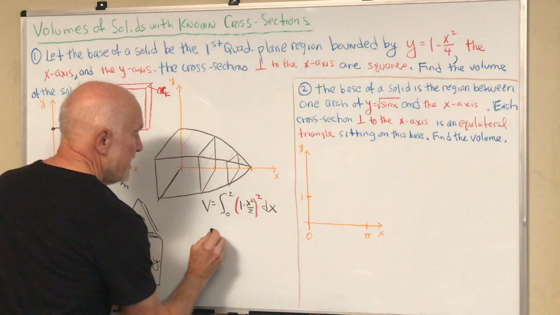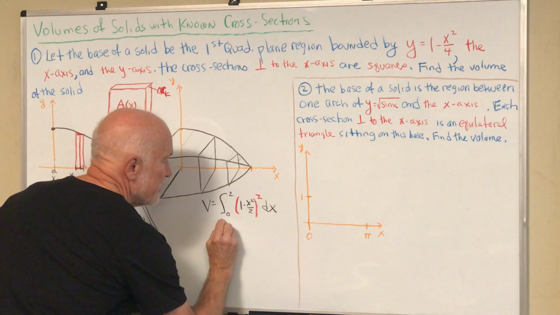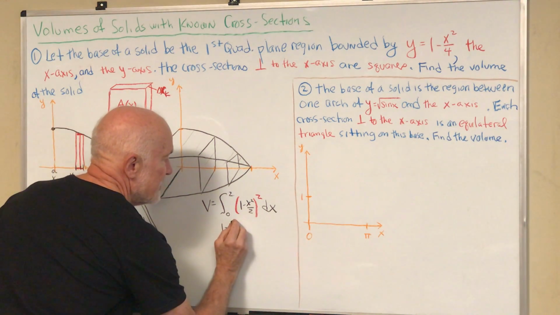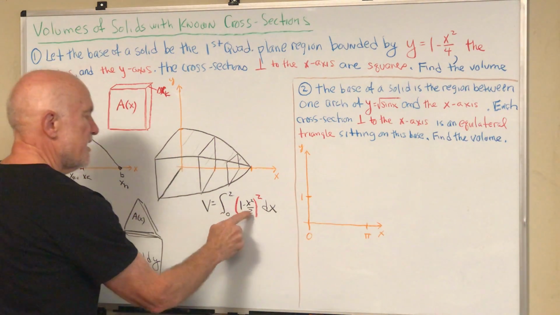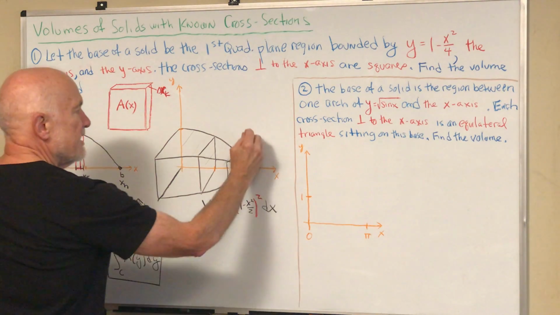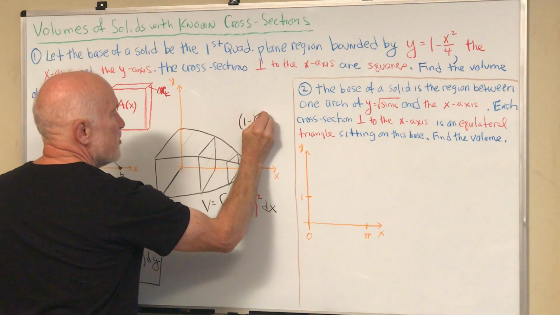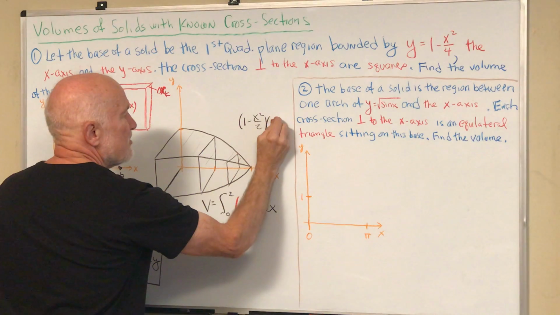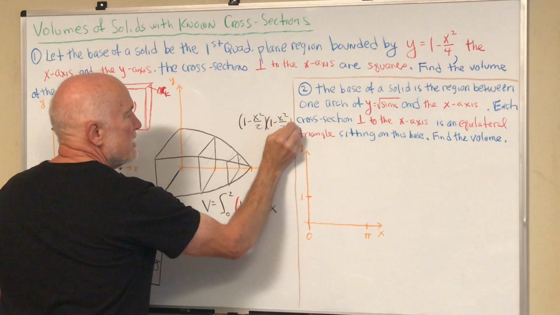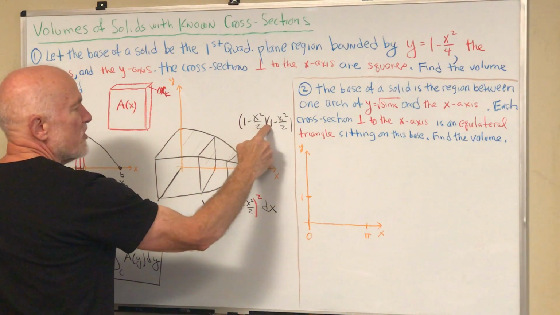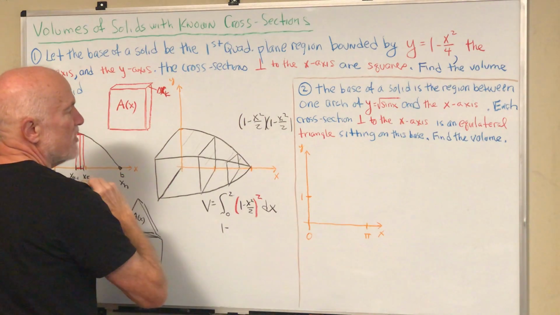So now we square it out. If you had 1 minus x squared over 2 times 1 minus x squared over 2, you get a minus x squared over 2, and then a minus x squared over 2.